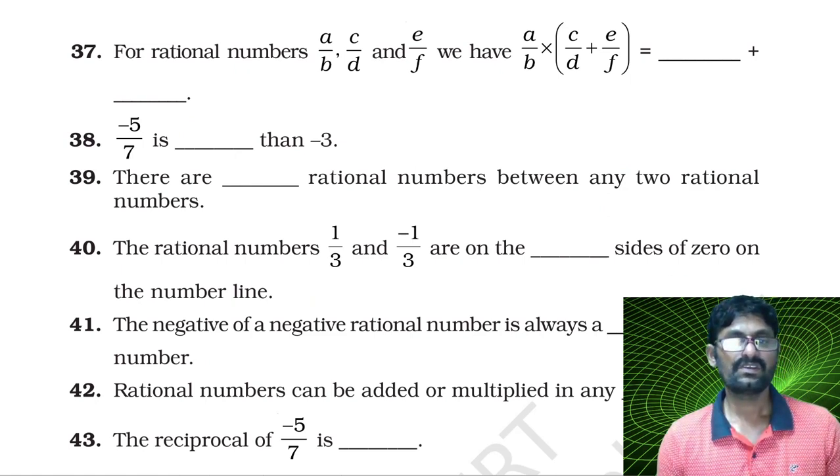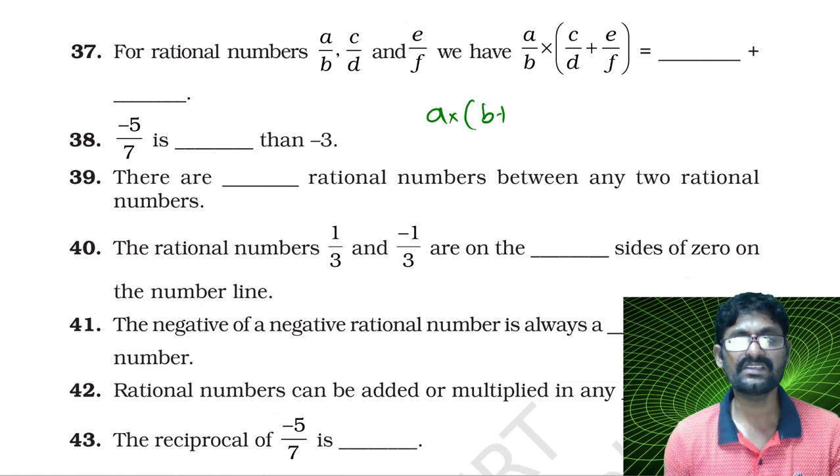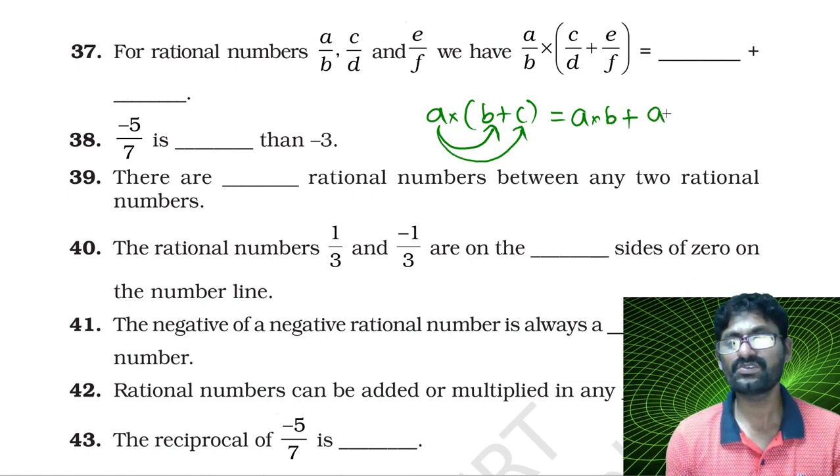37th problem. For rational numbers a by b, c by d and e by f, we have a by b times c by d plus e by f equal to. This is nothing but distributive property, right? Suppose you have a times b plus c, then this can be written as a times b plus a times c. That is what distributive property.